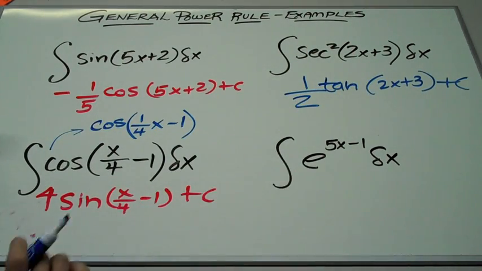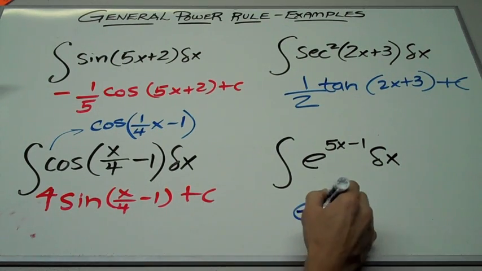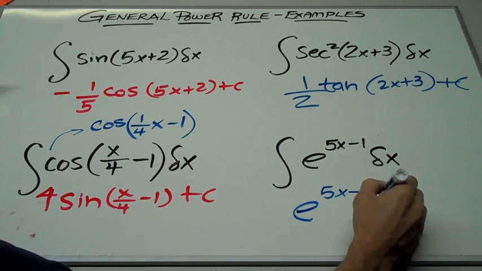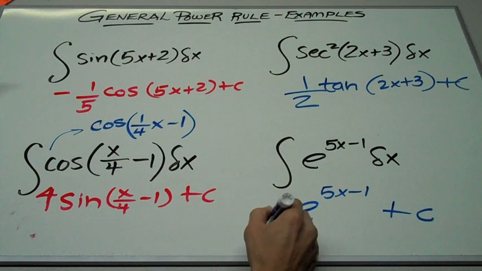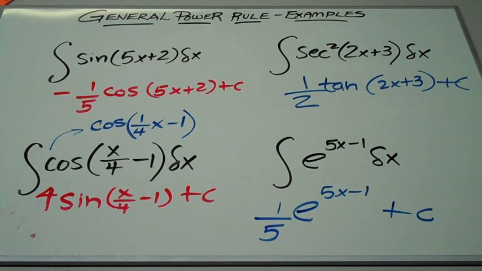And last but not least, e to the (5x - 1) is really e to the (ax + b), where b is negative 1. So that's going to give us e^(5x - 1) plus c times 1 over 5. These are very easy examples, but you have to be automatic with these so that when you see harder problems, the easier parts of the harder problems come naturally to you.